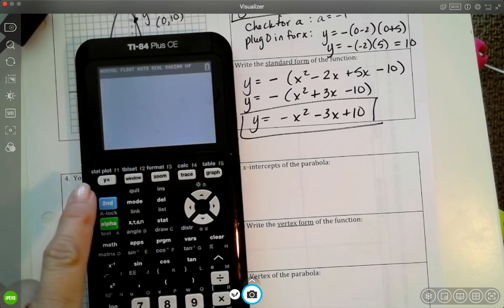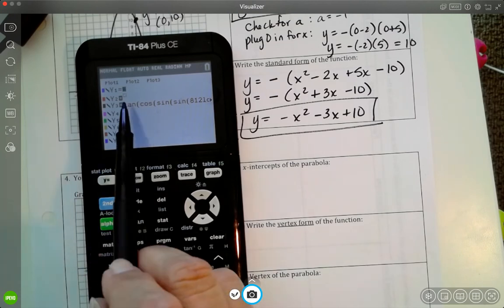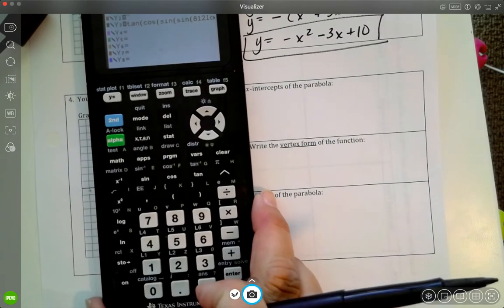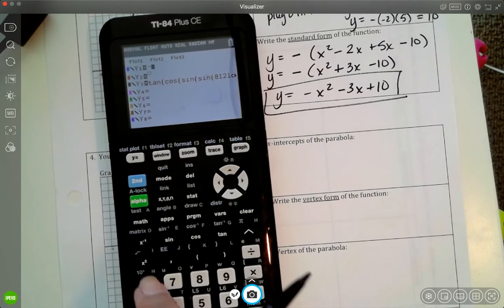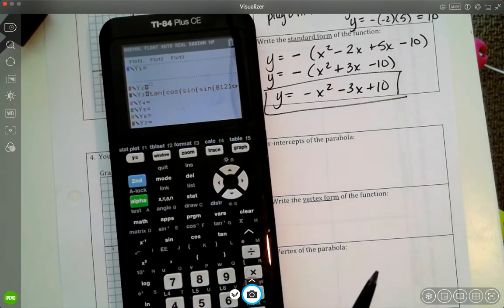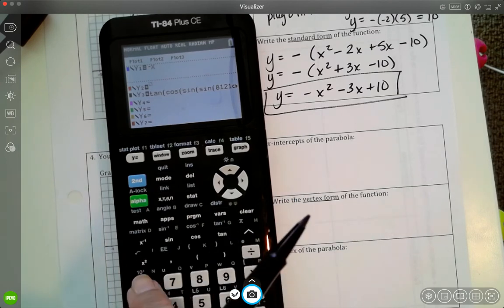So I'm going to go up here to y equals, and I'm going to go ahead and type in my equation. So negative, make sure that on a graphing calculator, you don't use this button as a negative right here. You want to use this button. So I'm going to put negative, and then x squared. Oops, negative, that's silly. Negative, and then x is right here, squared, negative x squared.